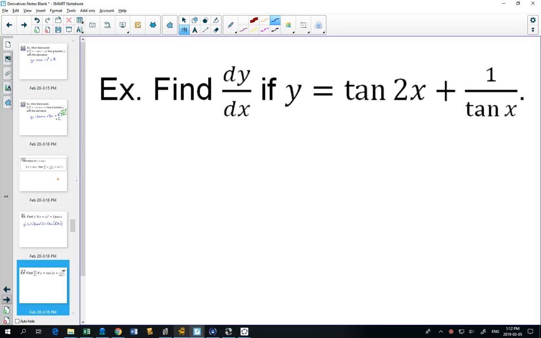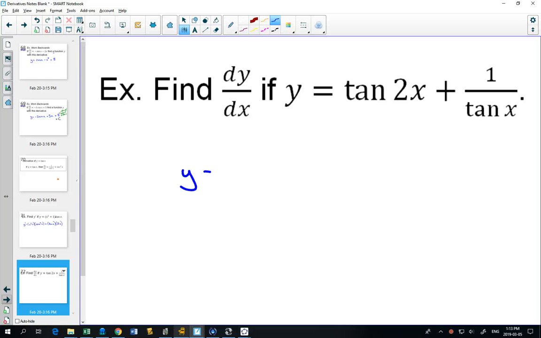So when we look at this, with the plus sign in between, means that we could do the derivative of the first term and the second term separately. When looking at the first term, can you see that there's a 2x inside of tan? So the first term will be a chain rule. When looking at the second term, the 1 over tan x, we can either use a quotient rule or we can change this, and I think that's what I might be tempted to do.